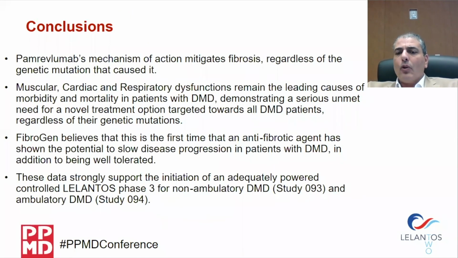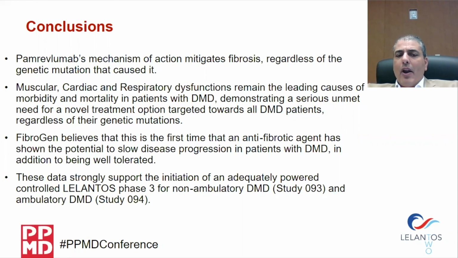All right, I want to conclude my presentation by saying that the Pamrevlumab mechanism of action, as Ken mentioned and as demonstrated in the phase 2 trial that we presented at PPMD last year, showed that it can mitigate fibrosis regardless of the genetic mutation. So all patients, despite the genetic mutation, can be enrolled in our trials.